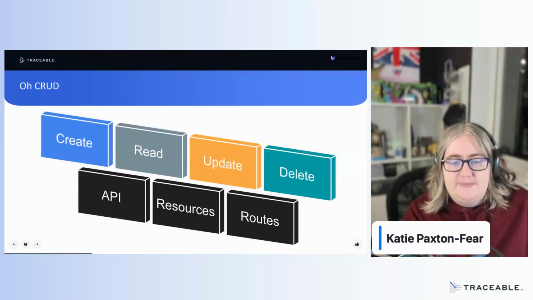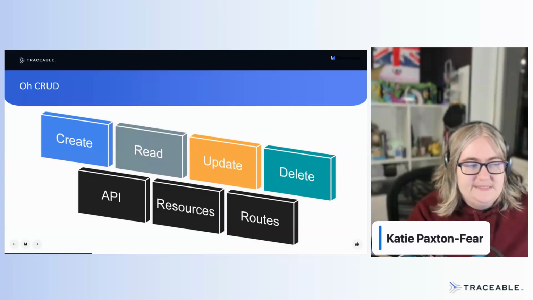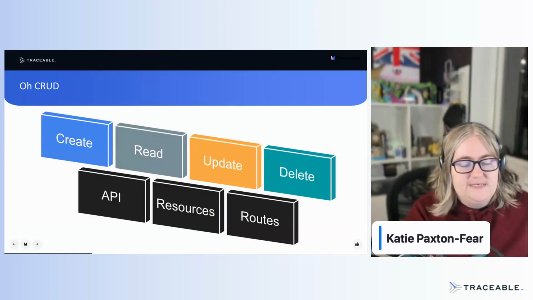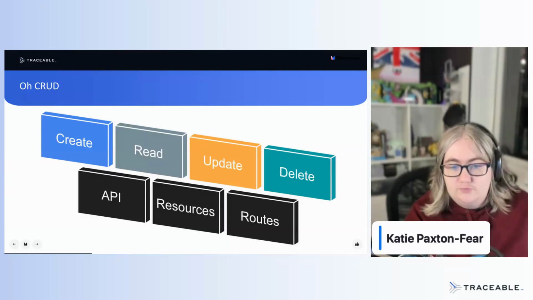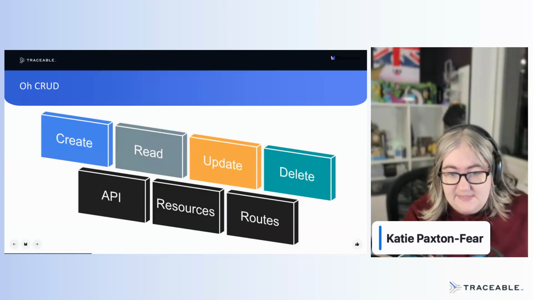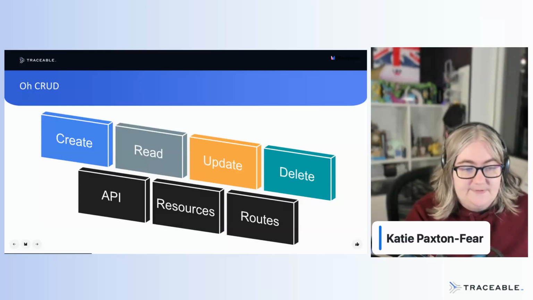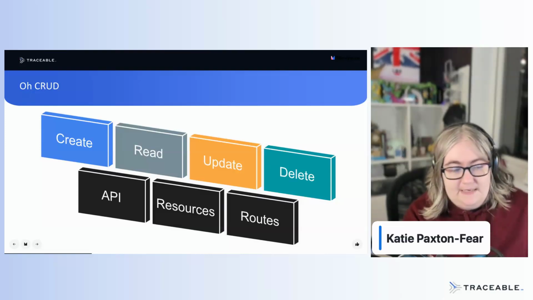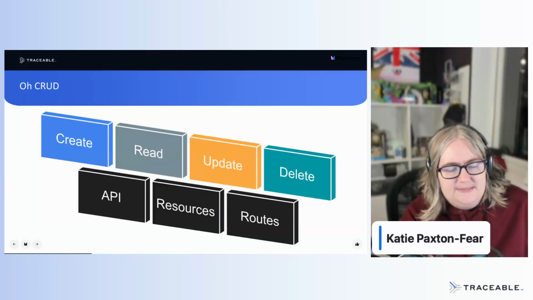All of those will be considered resources in the API. A resource is anything that can be CRUDed. So things you can create, like a new account. You can read account details. You can update your own account with new information if you change your email or something. And you can delete your account. You'll hear these terms a lot, this idea of CRUD, and I'm going to be using it a lot.